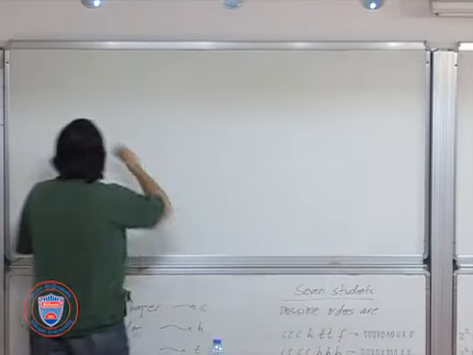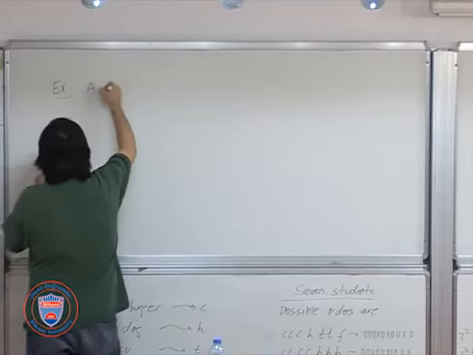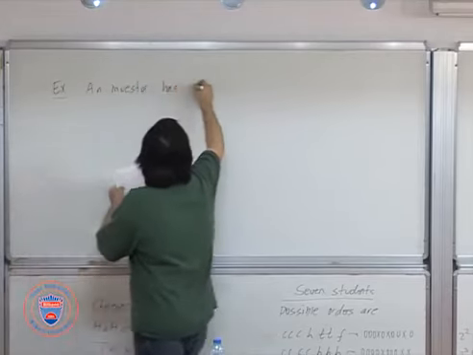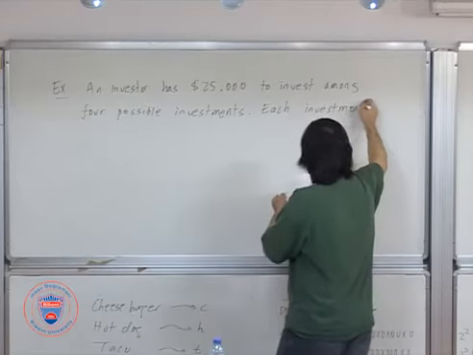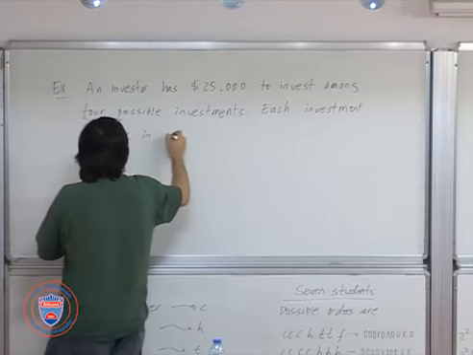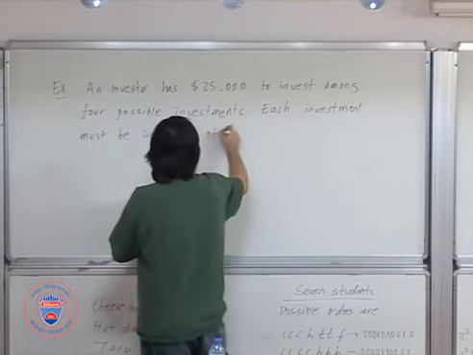Okay, this is a very similar question. An investor has $25,000 to invest among 4 possible investments. Each investment must be in units of $1,000.